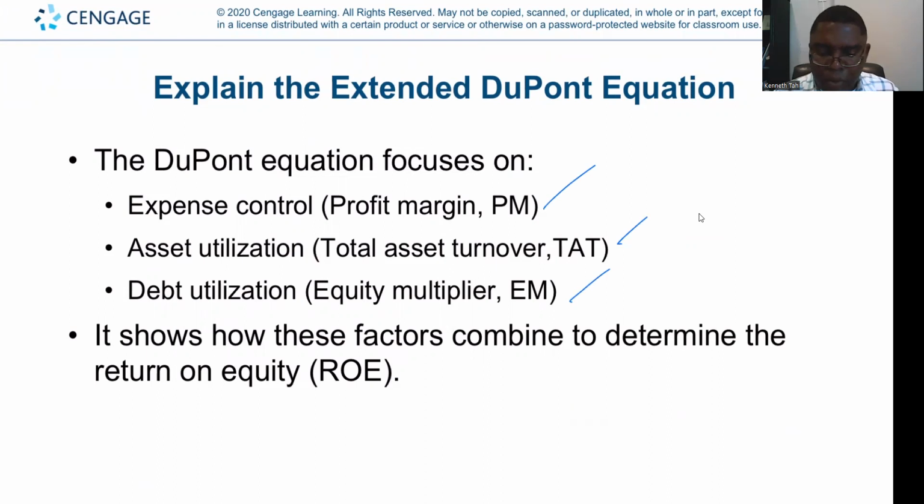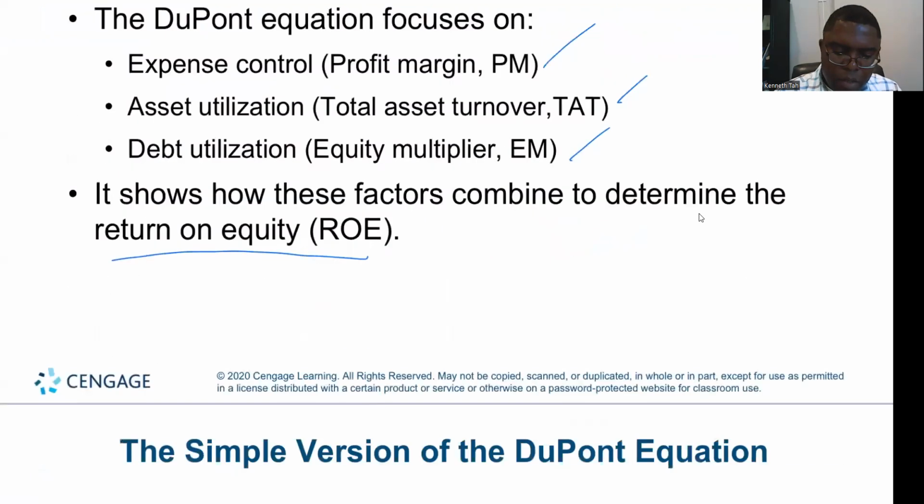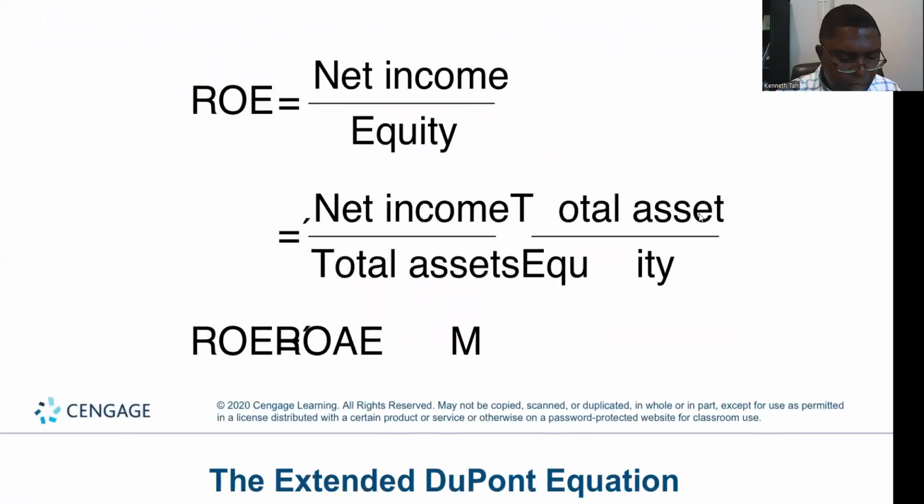It shows how these factors can be combined to determine the return on equity. So we have the simple version and the extended version. With the simple version, I think we already discussed it. It's a bit messed up here, so I'm going to write it out. We have said before that return on equity is equivalent to net income divided by equity.